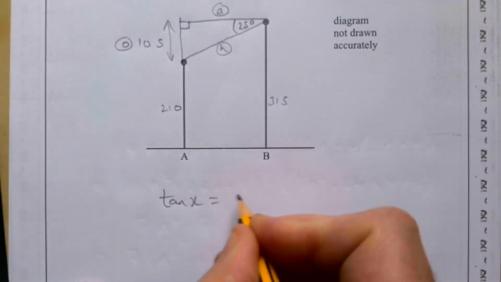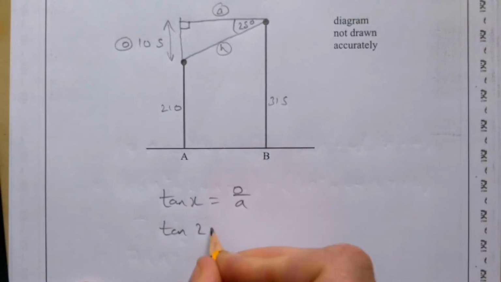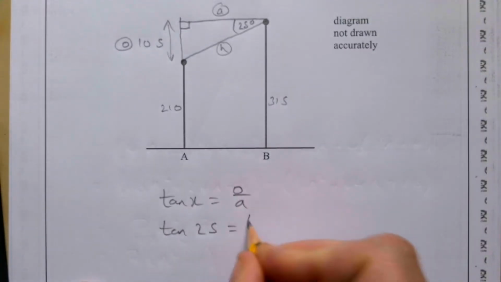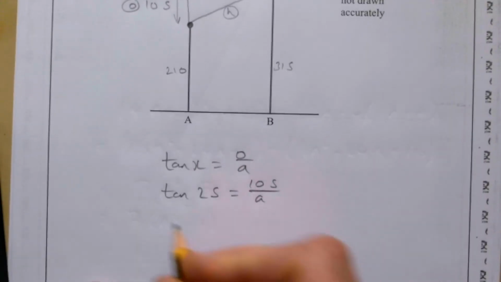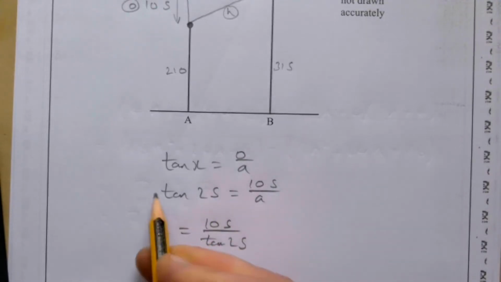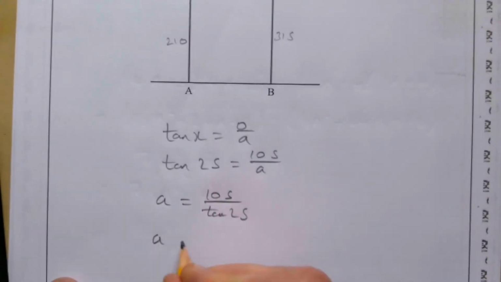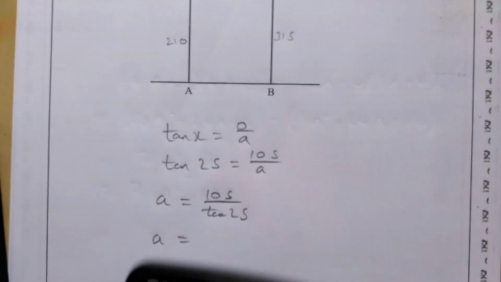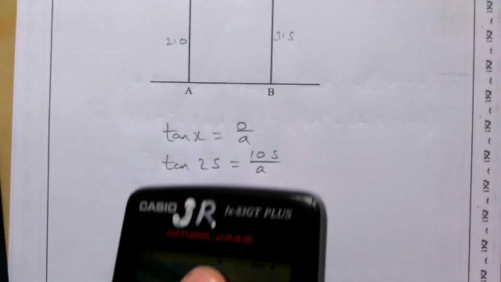From SOH CAH TOA, tan x is O over A, tan 25 is 105 over A. A bit of rearranging then, we have A is 105 over tan 25. Some people do that in two steps, multiply through by A and then divide by the tan 25. Either of those are good. I think I'm in degrees here, so make sure your calculator is always in degrees.